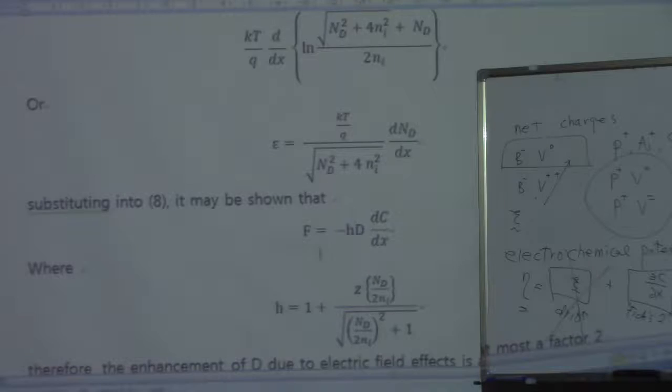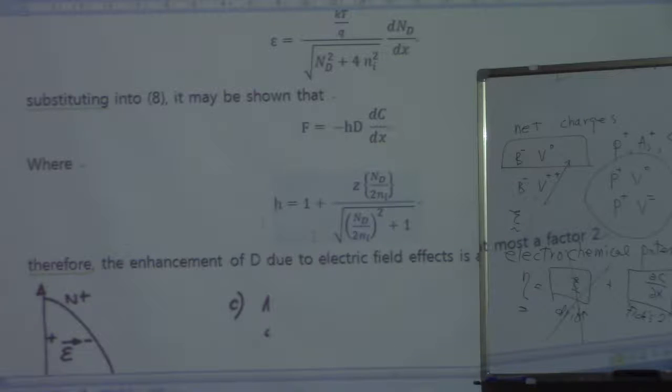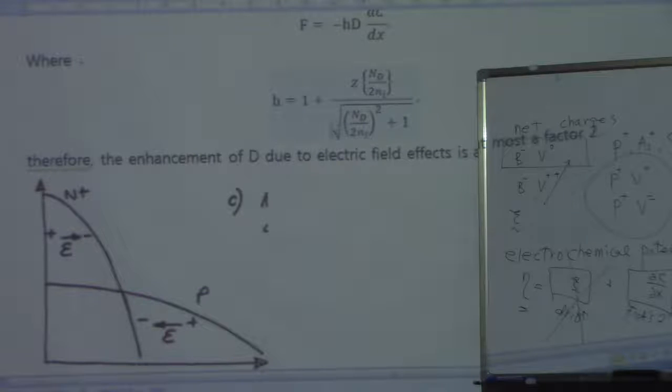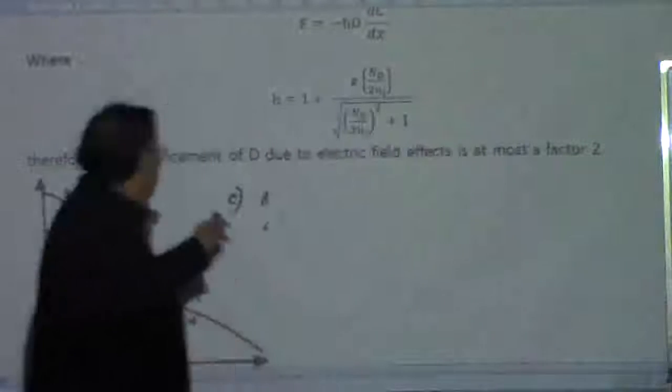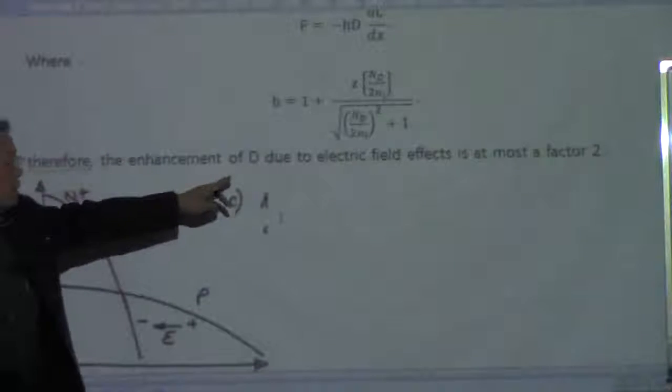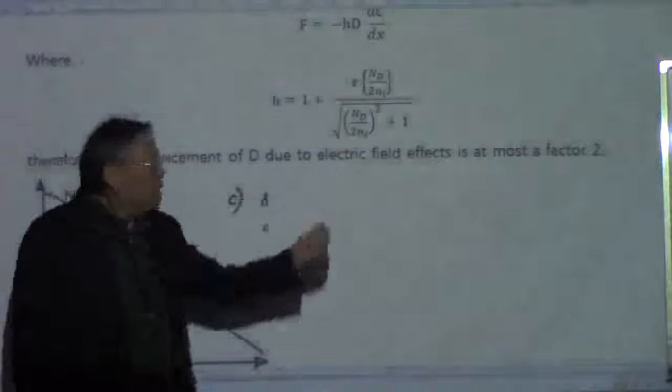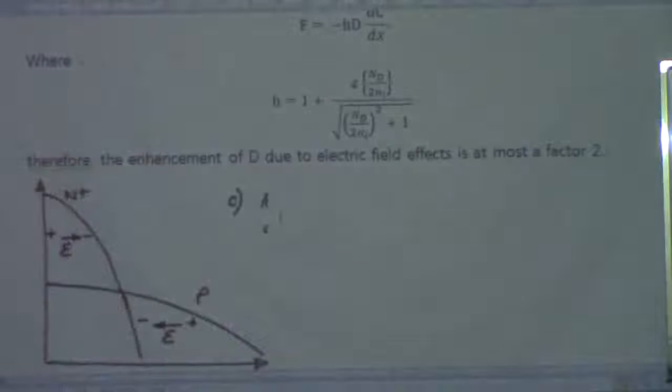We can see the electric field enhancement factor, H, is represented in this equation. One thing you should notice is that the value of H cannot be more than 2. The enhancement of the diffusion coefficient due to the electric field effect is at most 2. It can be doubled and nothing more than that.